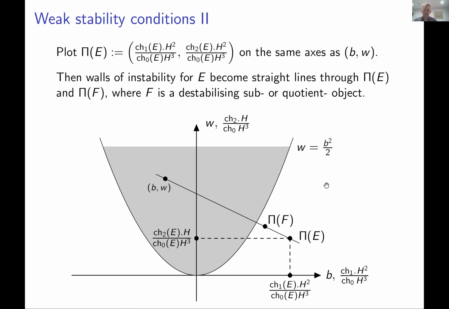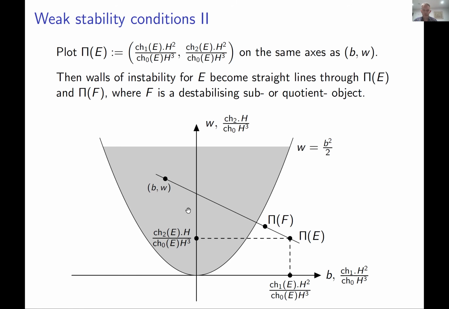Firstly, the Bogomolov inequality means that whenever E is stable, this quantity that we're plotting is always outside this parabola. Whereas the stability conditions, B and W, all lie inside the parabola. That was because right at the beginning, I told you that W had to be bigger than B squared over 2.